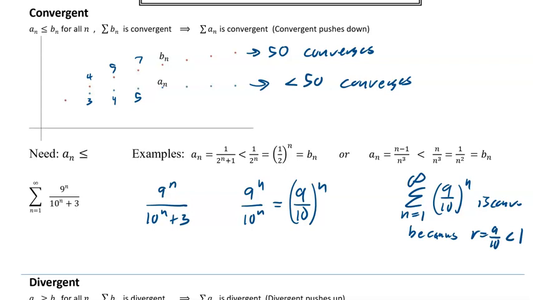So it's convergent, right? This is our absolute value of r. So now all we have to do is show that this one is bigger.